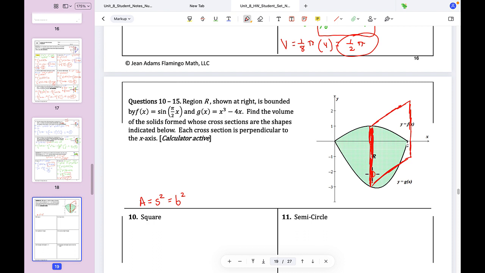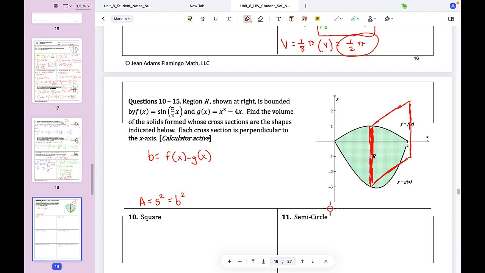Okay, so in order to do that, all we have to do is take f of x minus g of x, right? That's the length of this side, the base. So our base is going to be f of x minus g of x.